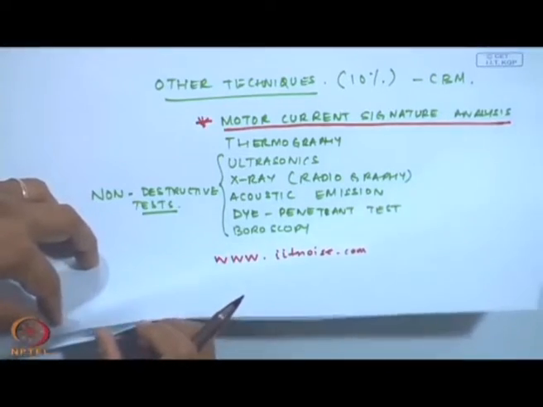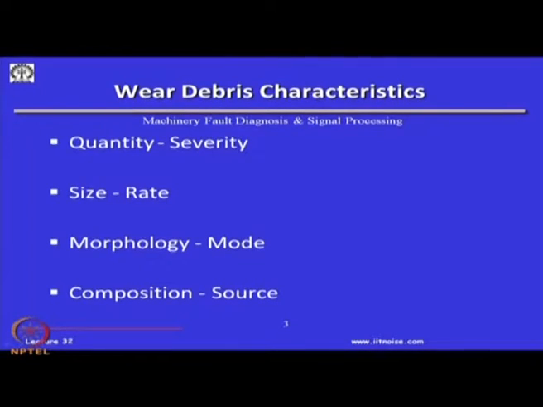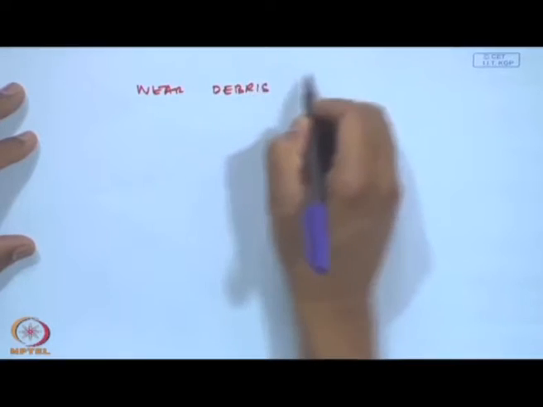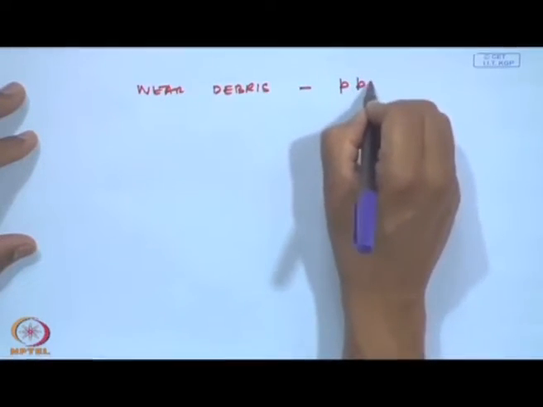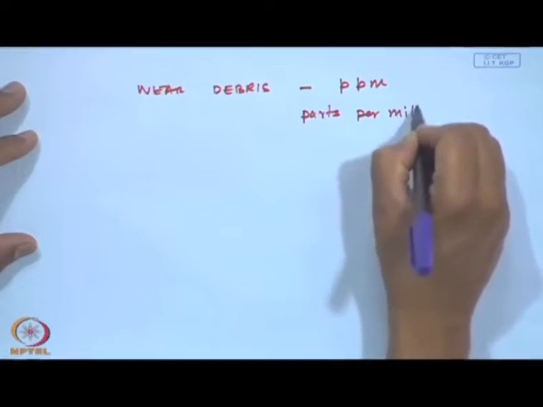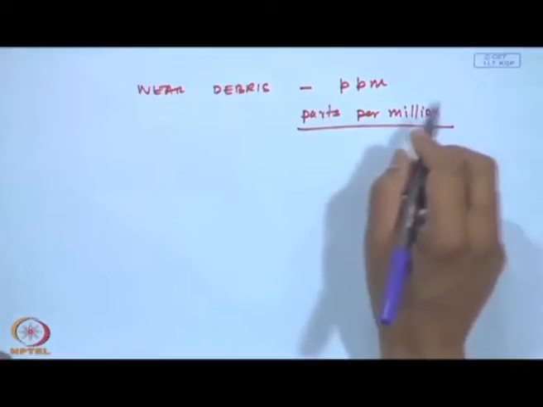So, with this kind of a preview, let us see what this contaminant analysis is that we are going to talk about. As you will see here, the contaminants or the wear debris have certain characteristics. One is the quantity. Of course, if the quantity is high in a given composition, usually wear debris are measured in ppm, parts per million. Okay.